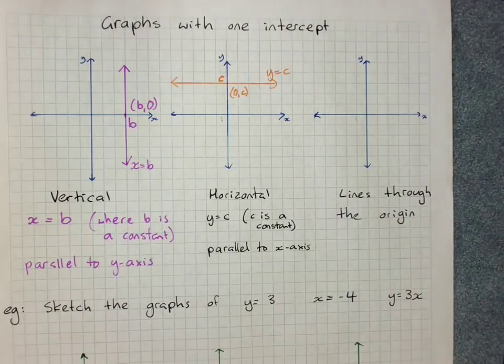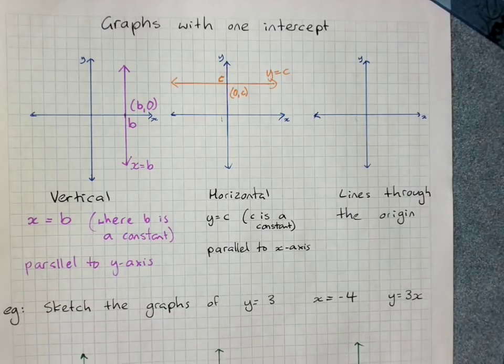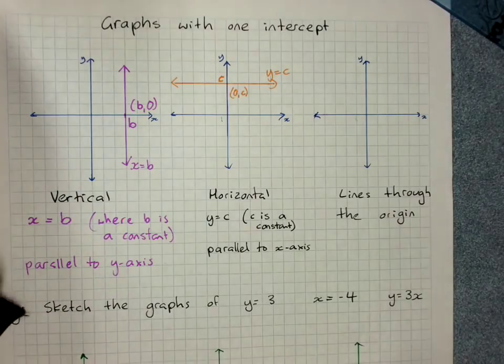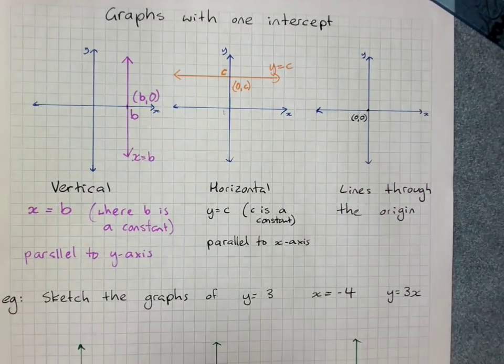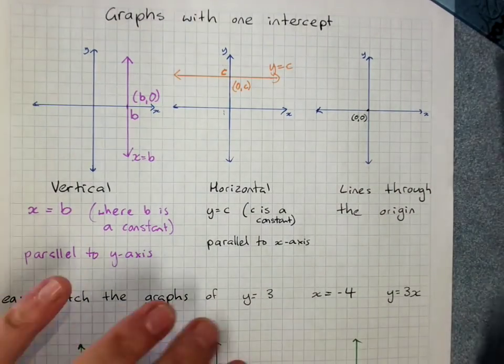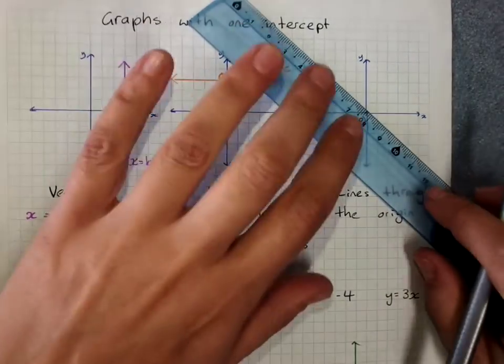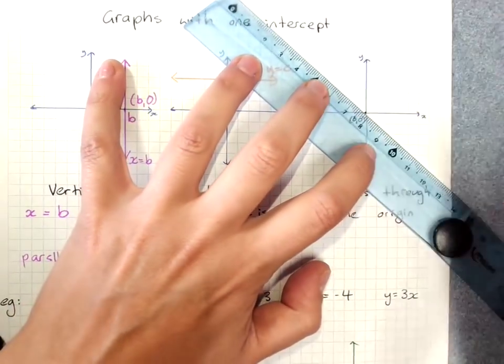And the other type of graph that has only one intercept is, of course, a line that passes only through the origin. The origin, of course, is the point (0, 0), which looks like a little owl face. And there's a whole bunch of lines that go through the origin.